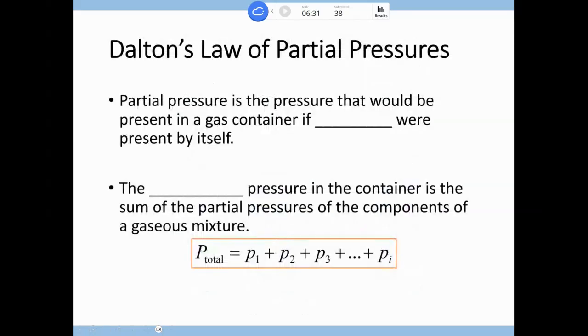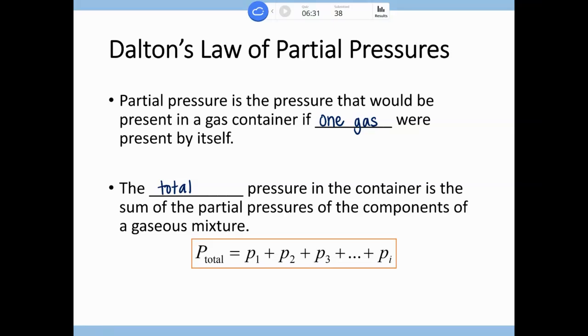So here we have this law stated out. Partial pressure is the pressure that would be present in a gas container if one gas were present by itself. That's the partial pressure, the pressure of just the one gas. And the total pressure in the container is the sum of those partial pressures.